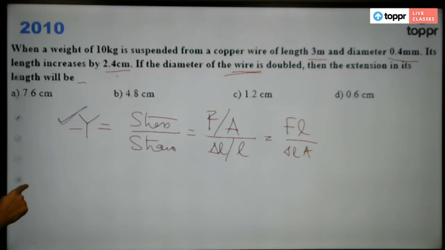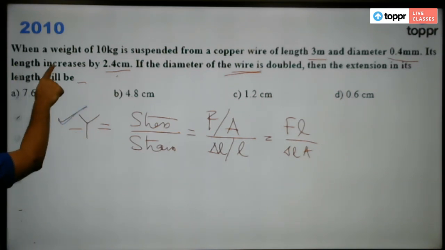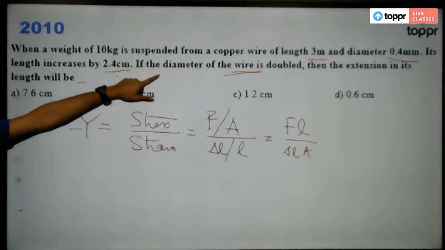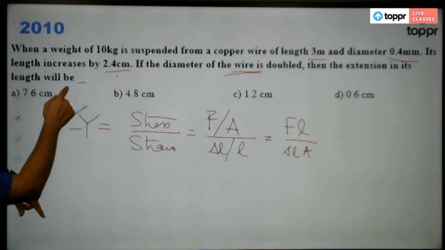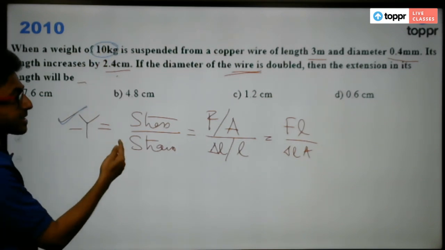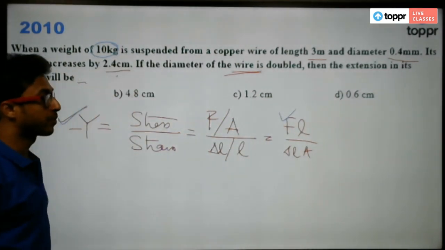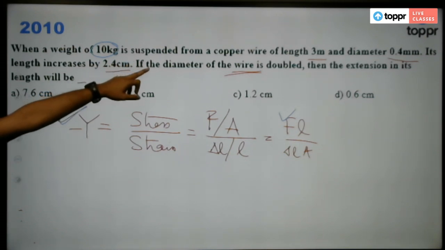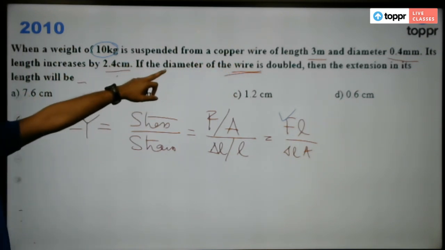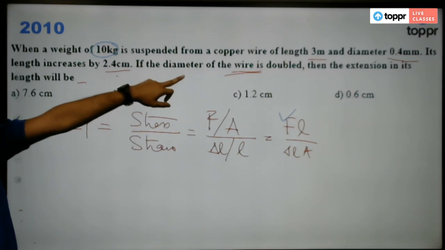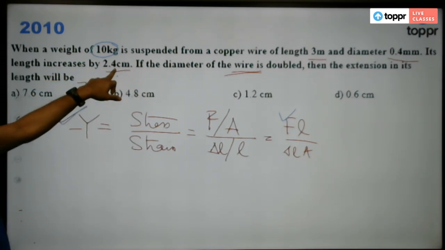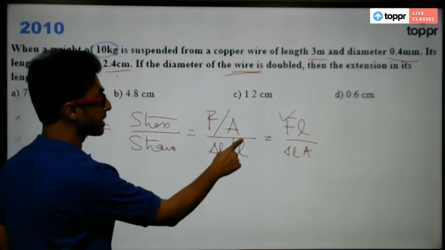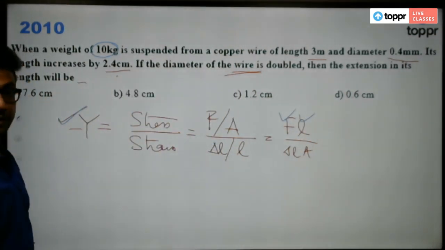The weight of 10 kg is suspended and we haven't changed it later, so the force is constant. The length of 3 meter is also constant. The diameter of the wire is doubled, so we are not changing the length. These things are constant.